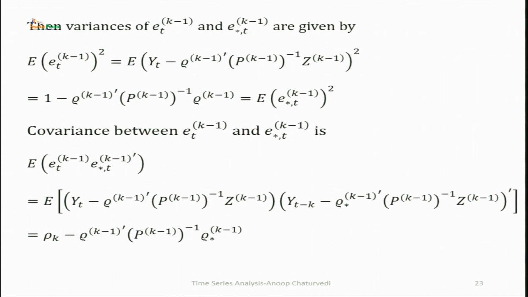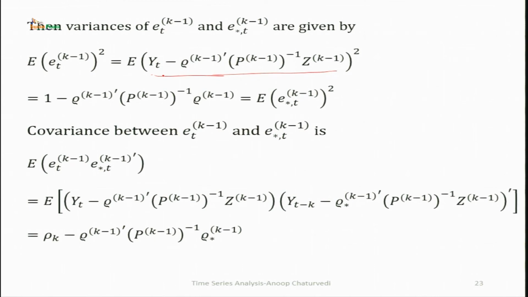First we obtain the variances of these residuals. The variance of e_{t,k-1} is equal to the expectation of the square of this quantity. If you take the square of this quantity and then take the expectation, the first term is y_t squared, the expectation of which is 1, and similarly you can find the expectation of the other terms.